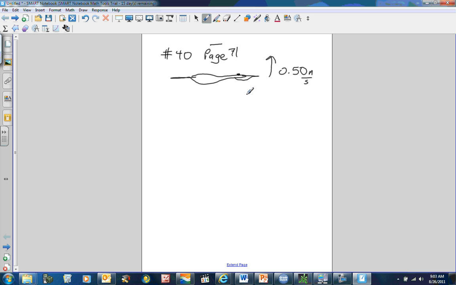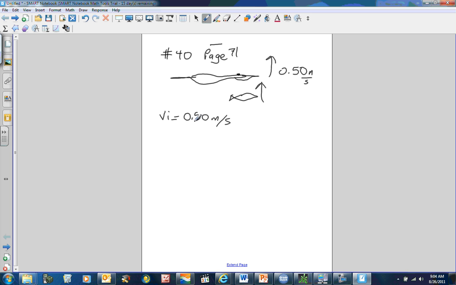Now, when the pelican drops the fish, so let's draw a fish here. When the pelican drops the fish, guess what? The fish is also moving up at that same velocity. So this is concerning the fish now. The initial velocity of the fish is going to be a positive 0.50 meters per second.